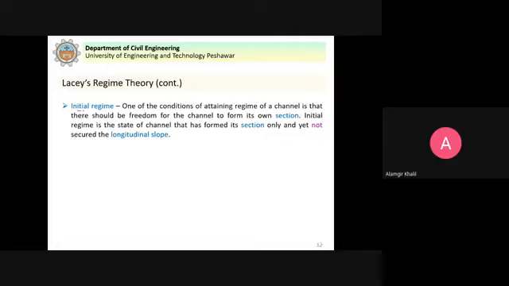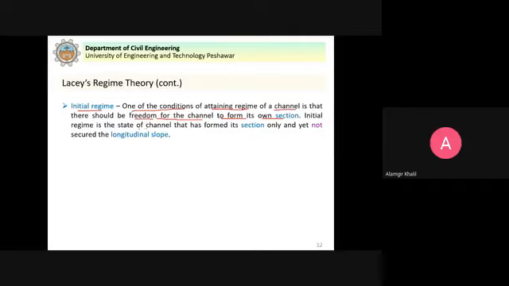So what do we mean by initial regime and final regime? Initial regime: one of the conditions of attaining a regime is that there should be freedom for the channel to form its own section. Section means the cross section of the channel.